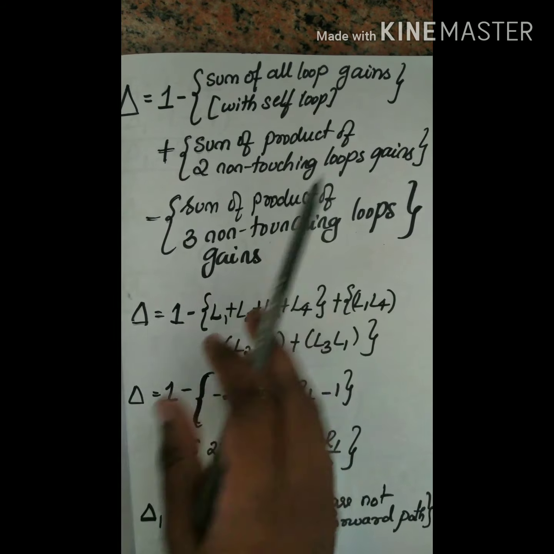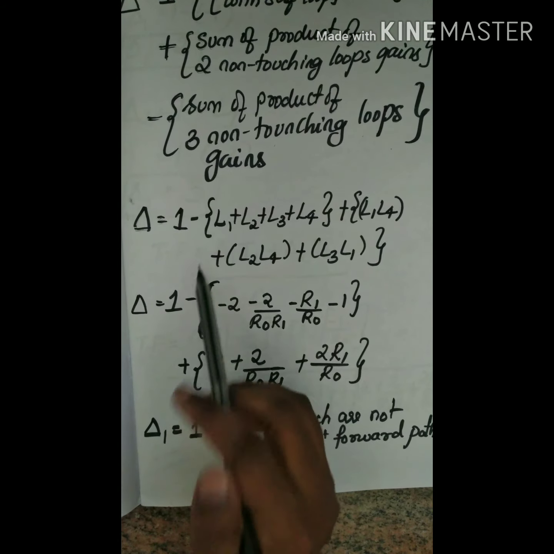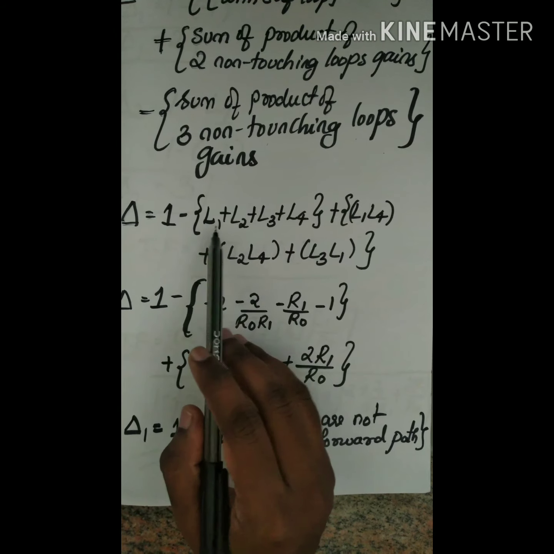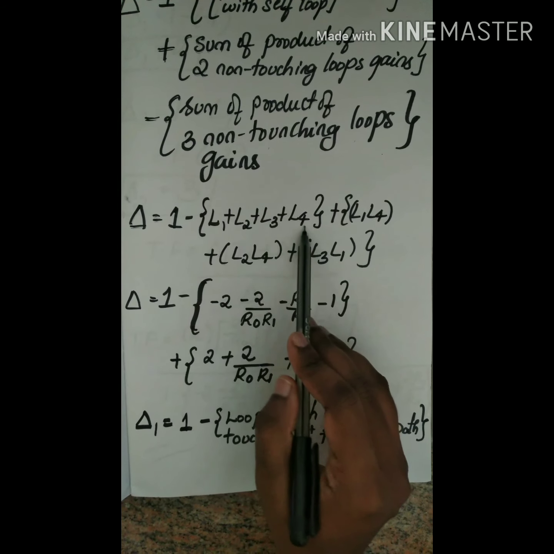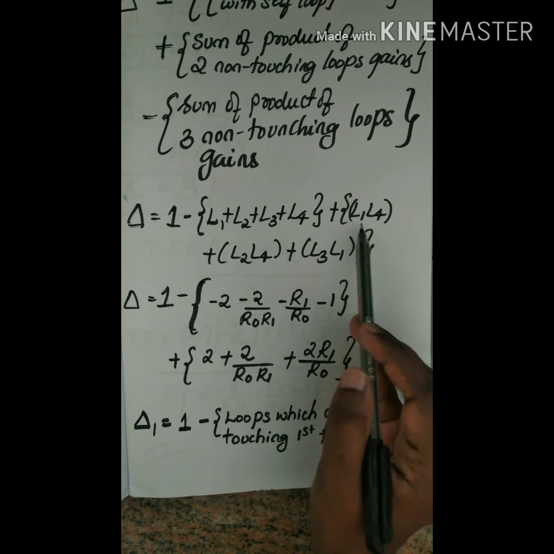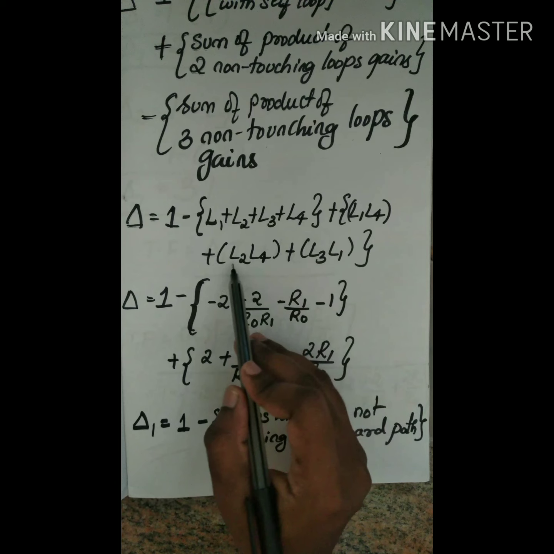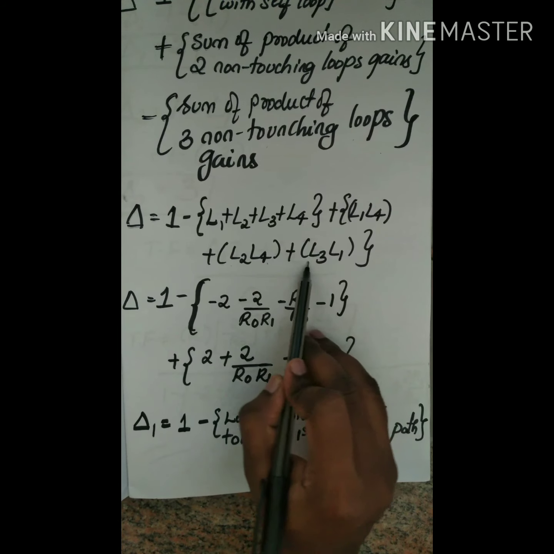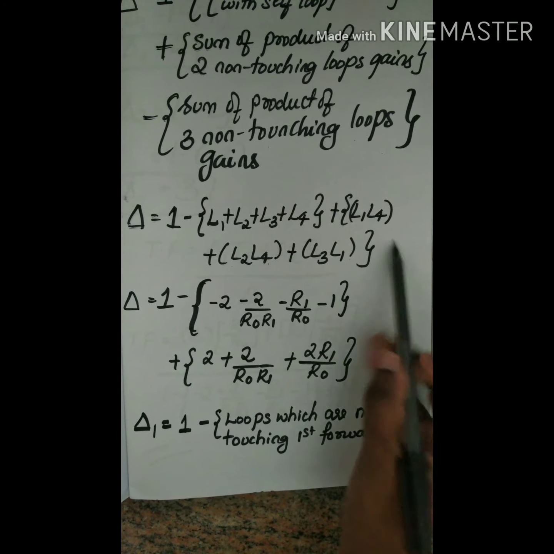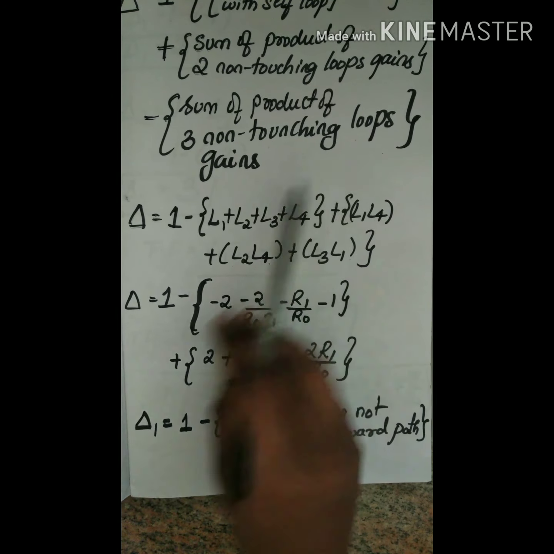As we have found in this problem, the loops are L1, L2, L3, L4. The non-touching loops are L1 into L4 plus L2 into L4, then L3 into L1. There are no 3 non-touching loops in our problem.